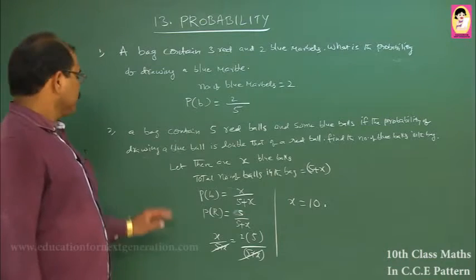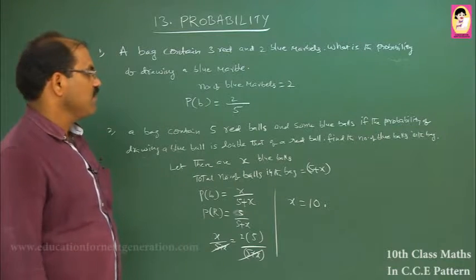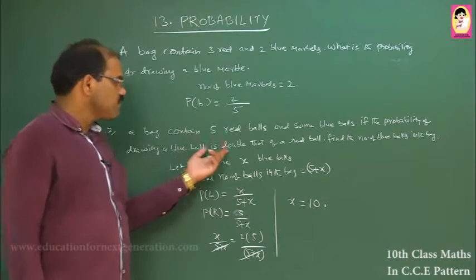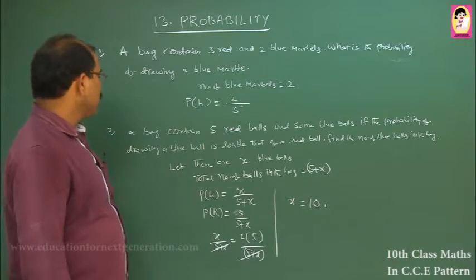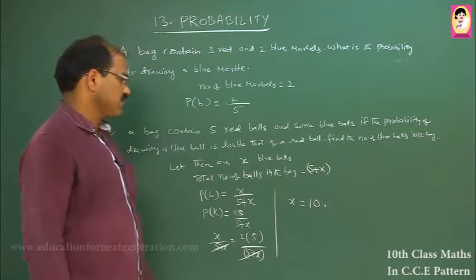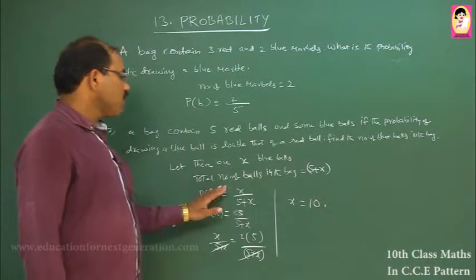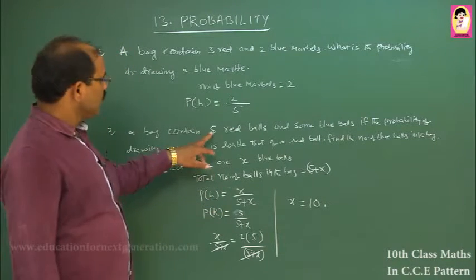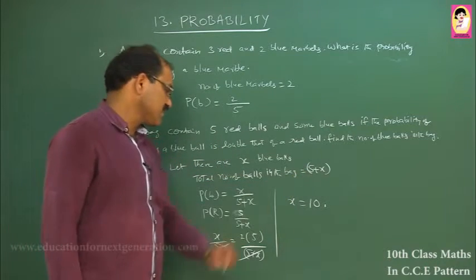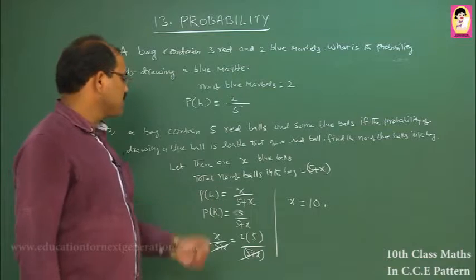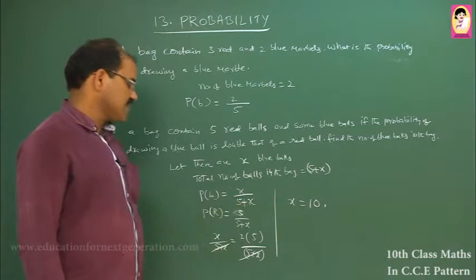Now, another question. A bag contains 5 red balls and some blue balls. The probability of drawing a blue ball is double that of the red ball. Find the number of blue balls in the bag. We do not know how many blue balls are there, so let us take x blue balls in the bag. The total number of balls is red plus blue, that is 5 plus x. The probability of drawing a blue ball is the number of blue balls divided by the total, that is x by 5 plus x.